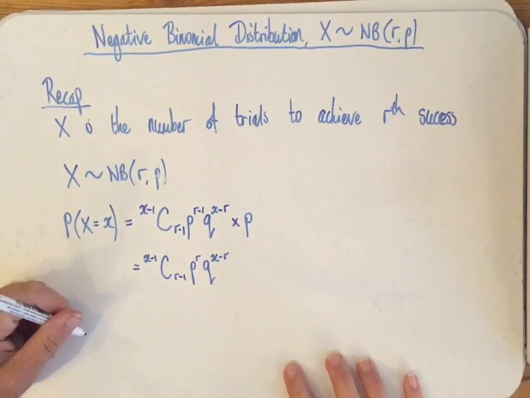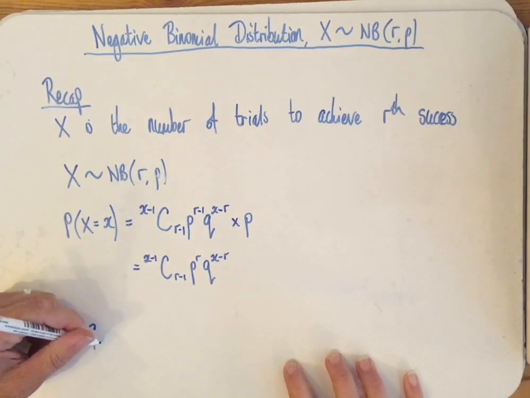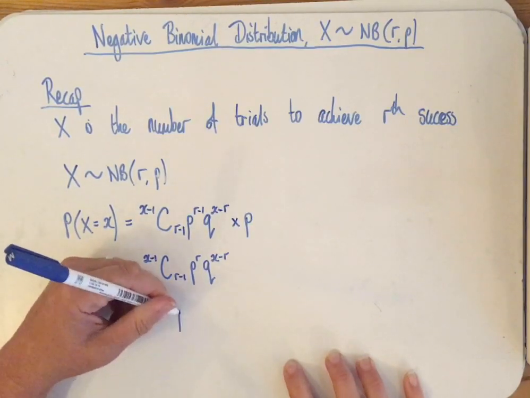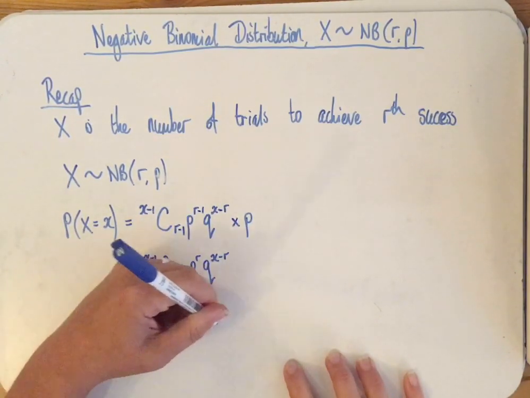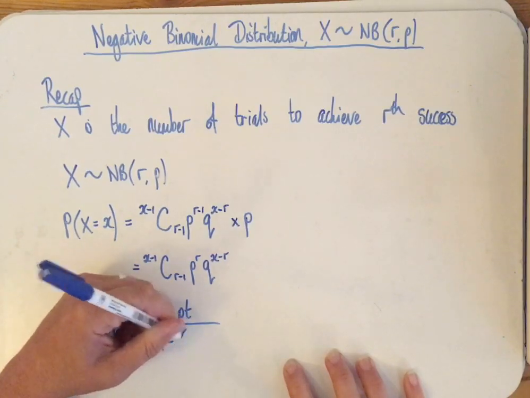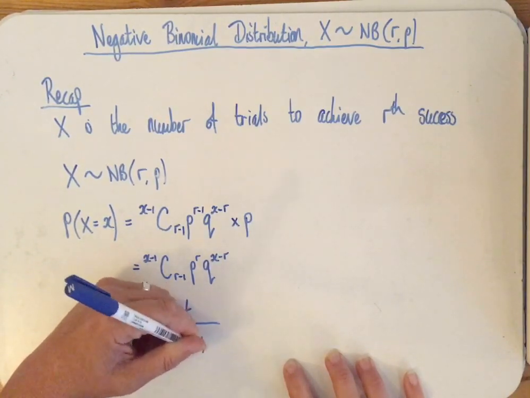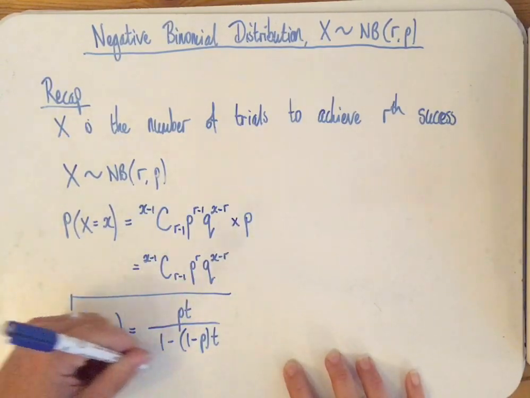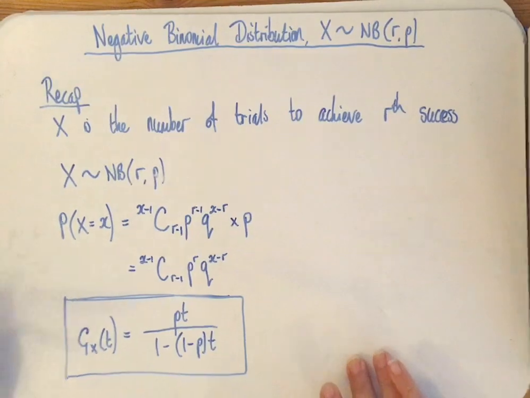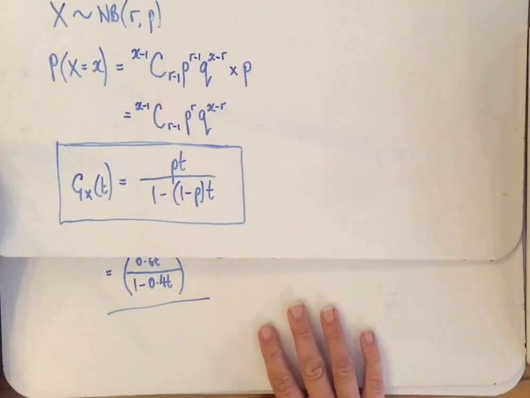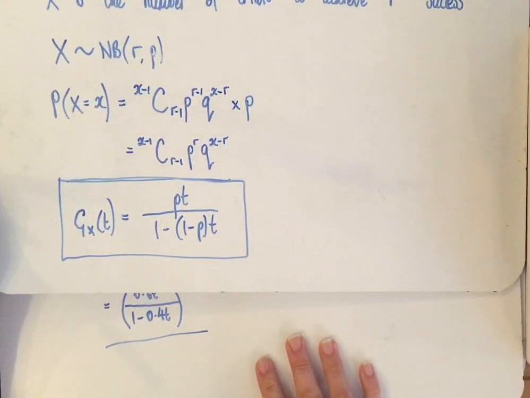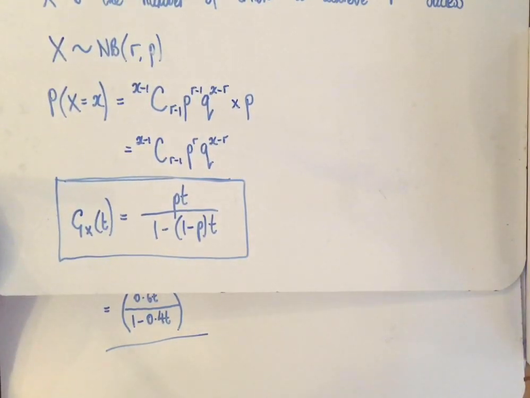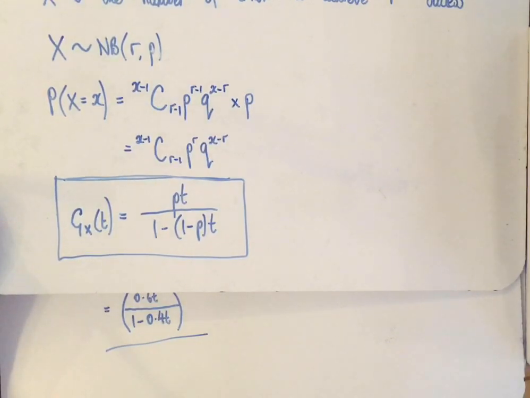And so the probability generating function for the negative binomial distribution is equal to pt over 1 minus qt, or 1 minus pt. And again, that's given to you. You don't need to memorise all of these, but you can see that, I'm worried about this power now, sorry.